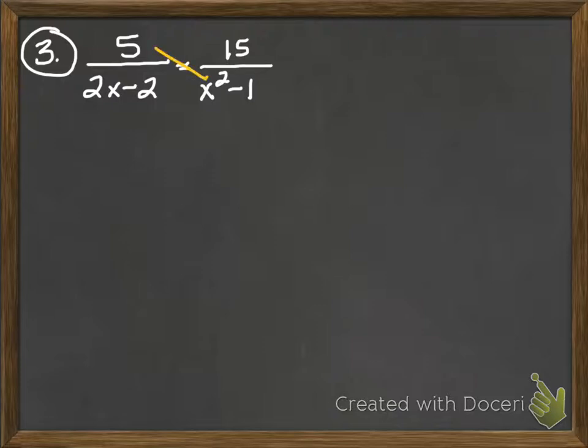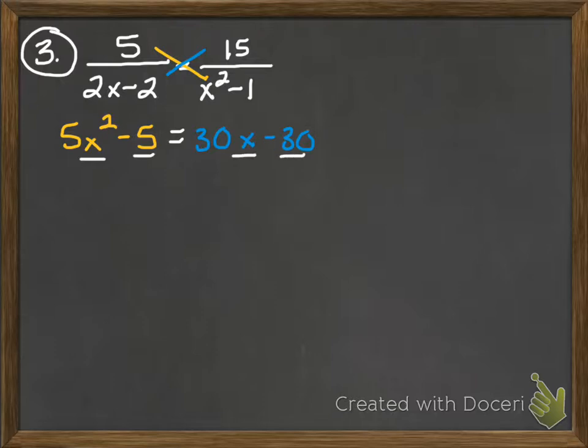All right, so I'm going to distribute the 5 to x squared and minus 1. So that's going to give me 5x squared minus 5. And that's going to be equal to, I'm going to get a blue color here, 15 times 2x is 30x. And 15 times 2 is 30. So now that I have everything, I'm going to search for a quadratic because I see an x squared term, I see an x term, and I see a couple constants.